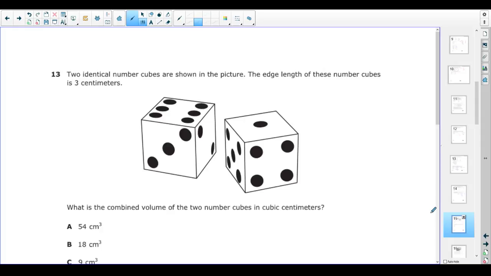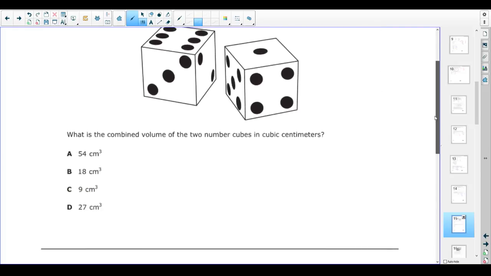2 identical number cubes are shown. The edge lengths of these cubes is 3 centimeters. What is the combined volume of the 2 number cubes in cubic centimeters?